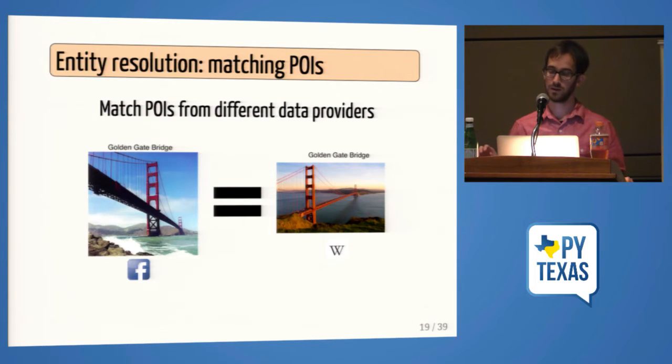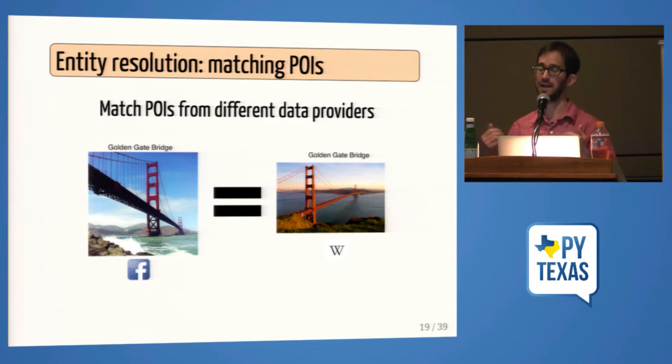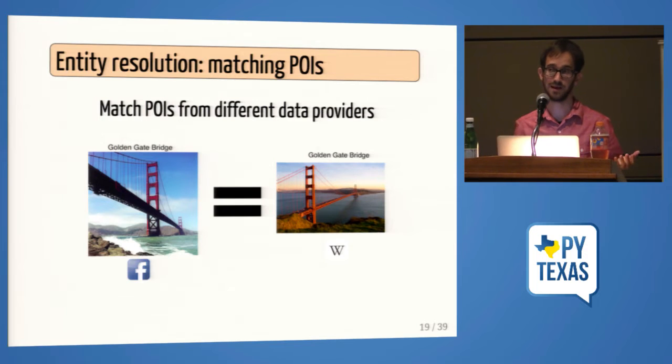After we've done collecting the data and enriching it, and we have a lot of data for our use, we can try to match it together. What we would want to do is take the Golden Gate Bridge from Facebook and say that it's also the Golden Gate Bridge from Wikipedia and match them together.